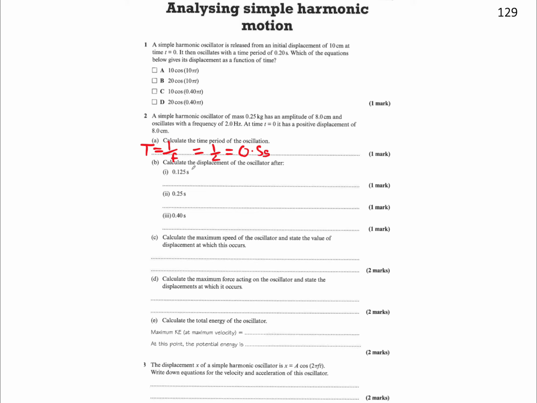Calculate the displacement of the oscillator after this value here. The displacement is given by the formula x equals A cos omega t, and we've discussed already that omega is 2 pi f, so that's going to be A cos 2 pi f t.